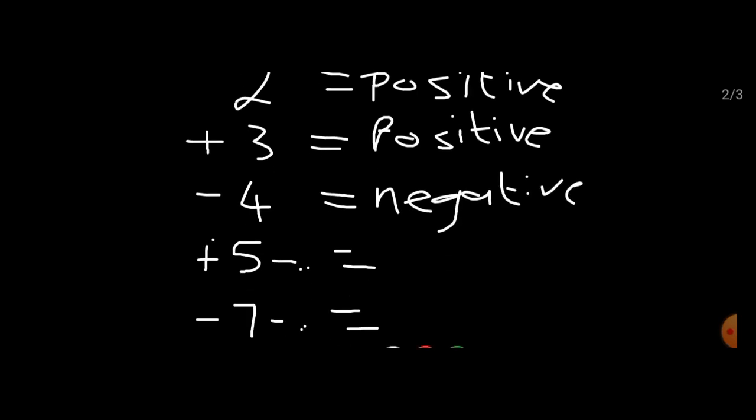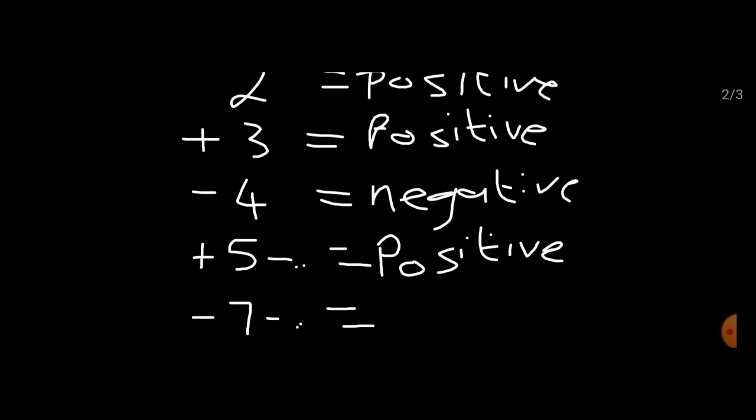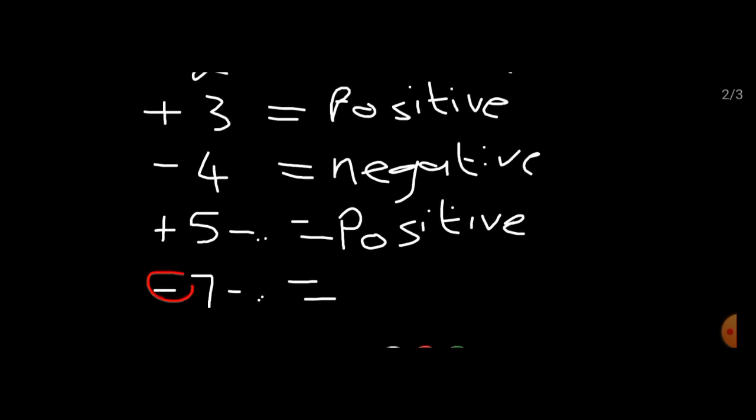What about this one? It has no sign, so this number is a positive. A minus sign in front of the number is what matters, and when there is only a positive sign or no sign, it is positive. Looking at this 7 with a minus sign, what does that mean? That is still a negative.